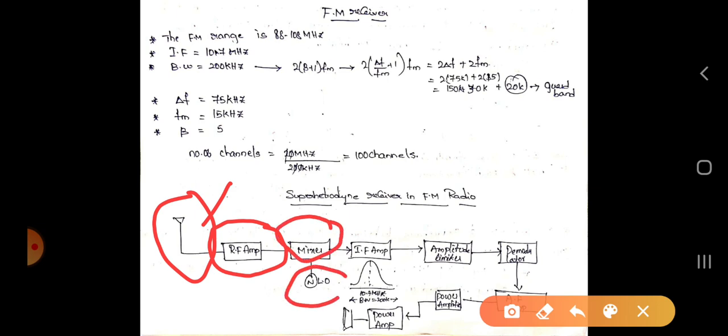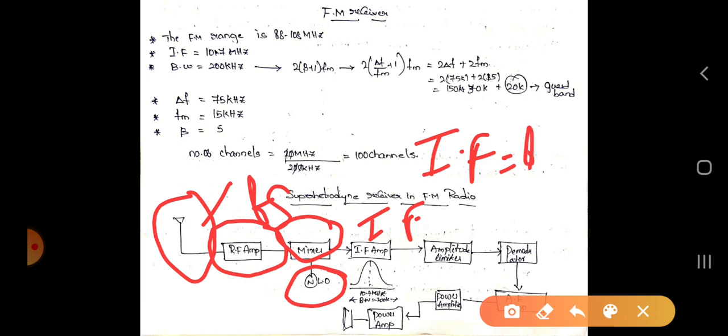The mixer consists of the local oscillator, which is adjusted to convert the tuned frequency fs to the required intermediate frequency, that is IF equals fl minus fs.